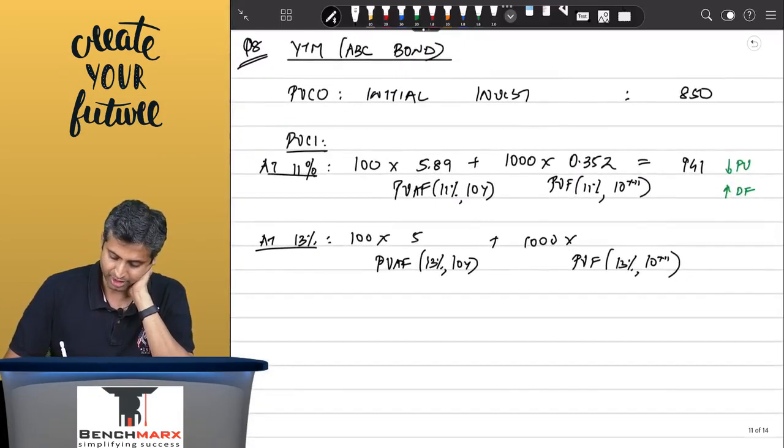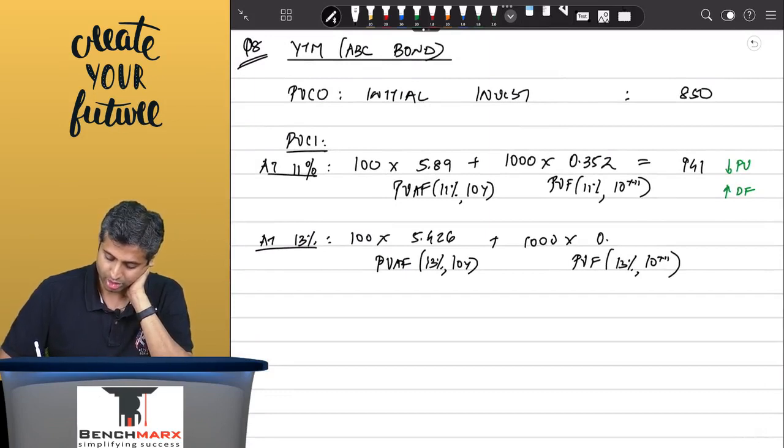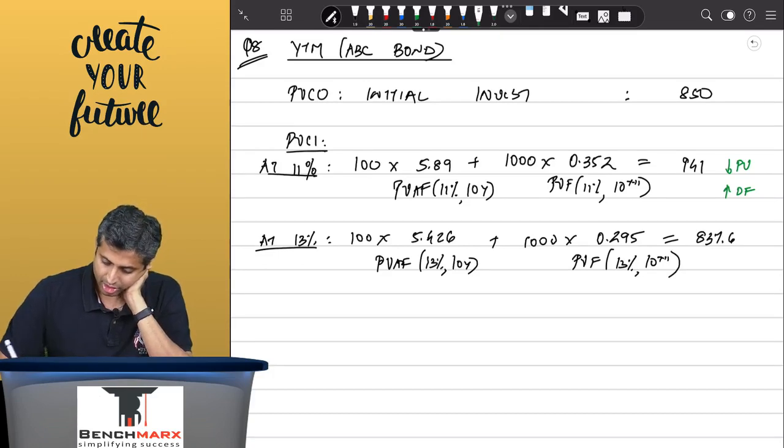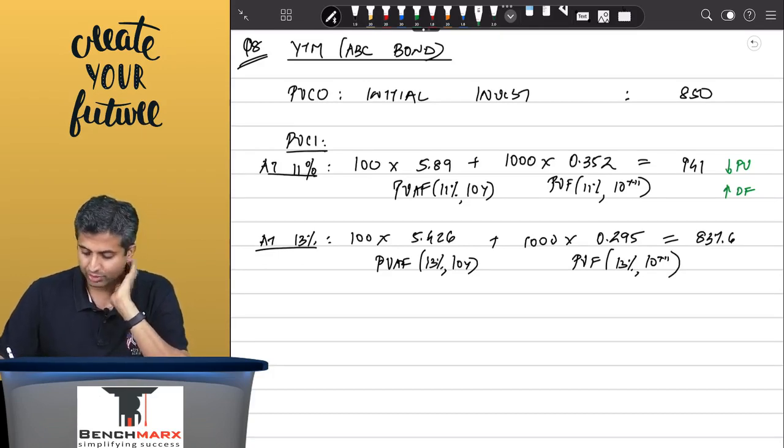So over here this is 5.426, and this is into 0.295. If I multiply this, this is 542.6 plus 295, which comes to 837.6.